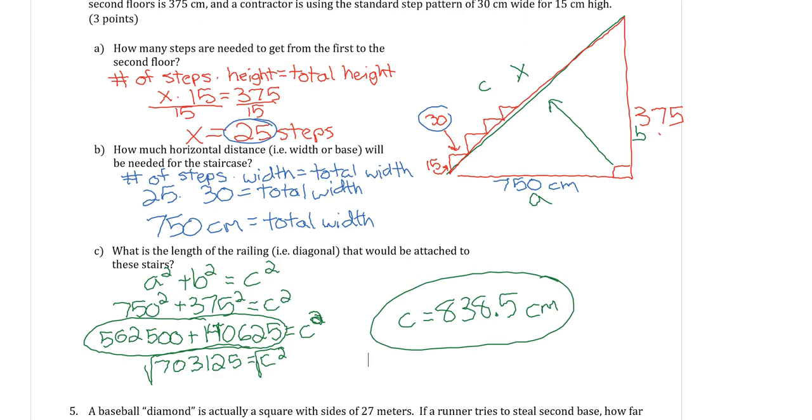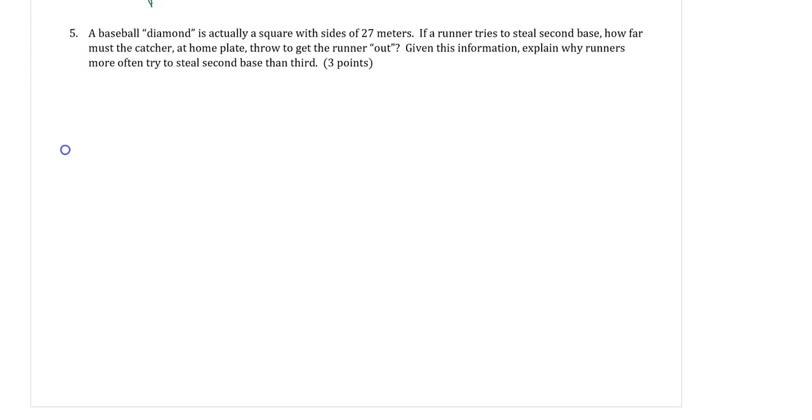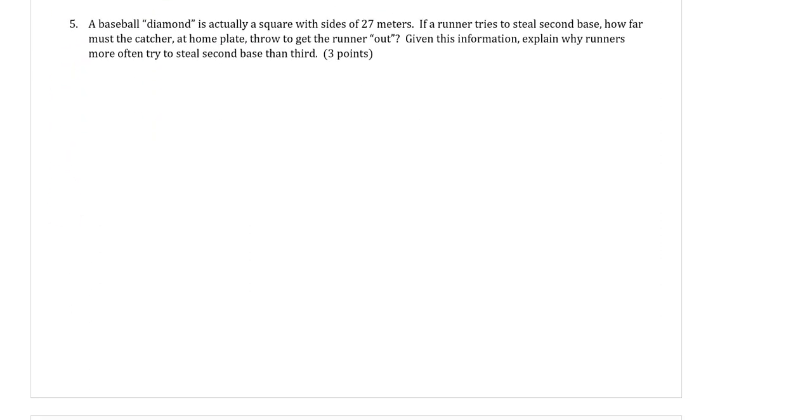All right, our last question, number 5. A baseball diamond is actually a square with sides of 27 meters. If a runner tries to steal second base, how far must the catcher at home plate throw to get the runner out? Given this information, explain why runners more often try to steal second base than third.